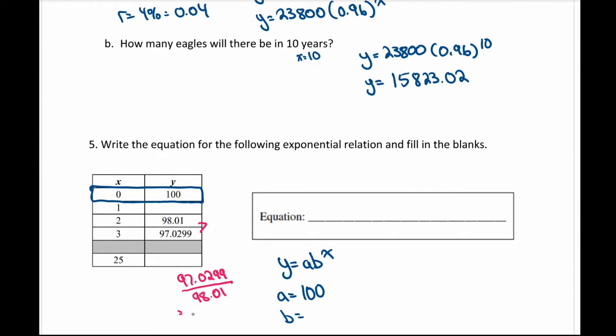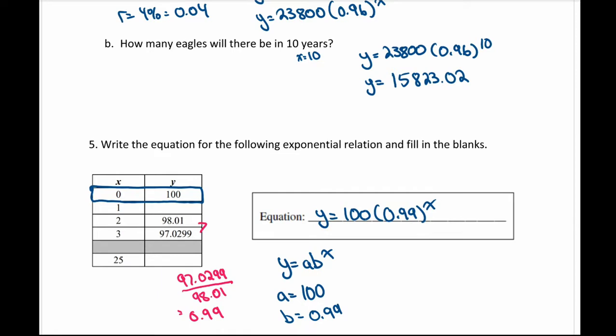And I get that the ratio is 0.99. So that means my b value is 0.99. So my equation will be y equals 100 times 0.99 to the power of x.